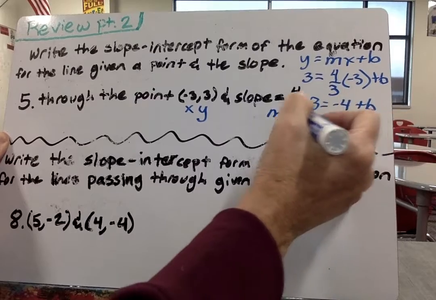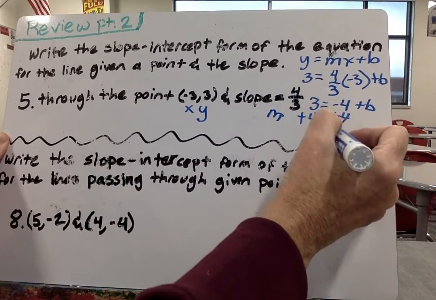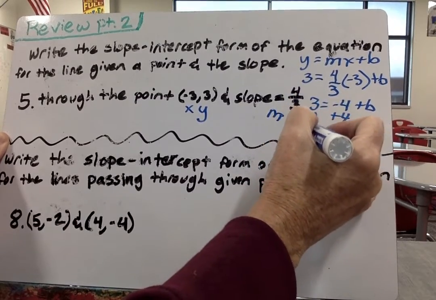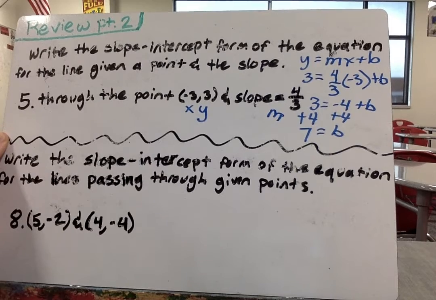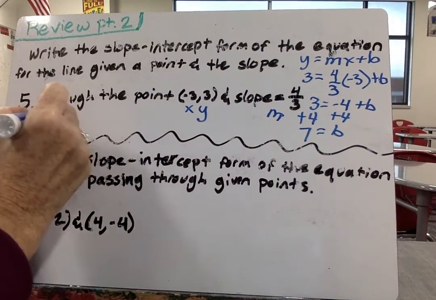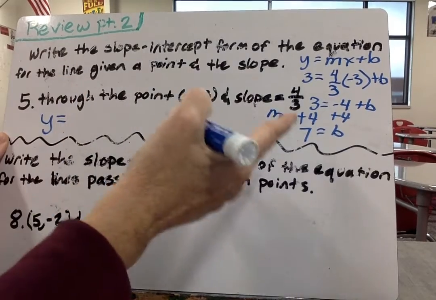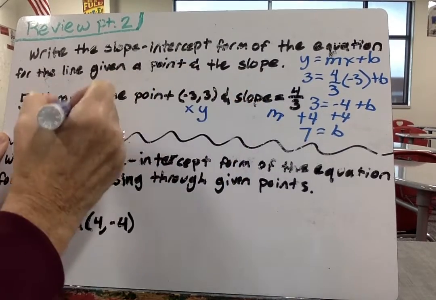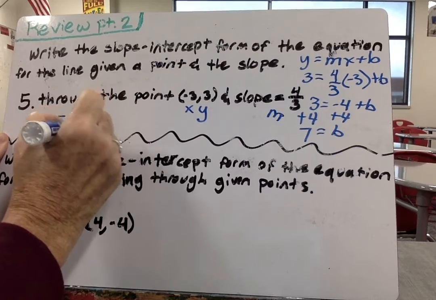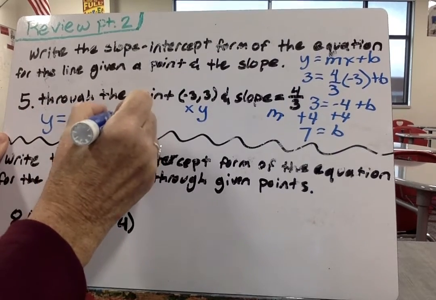Add 4, and b equals 7. Okay. Now, once we have that, we can say y equals m. What was our slope? 4/3 x plus 7.